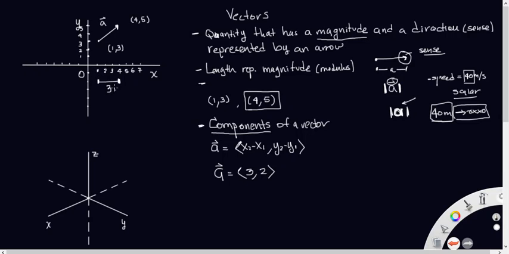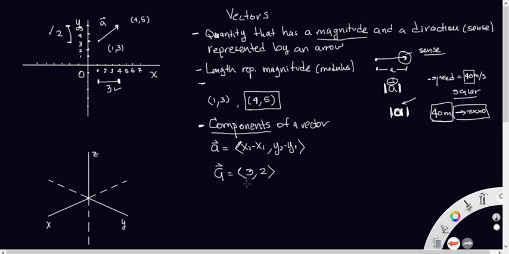So this is the first component of a vector, and the second component of a vector is 5 minus 3, which is specifically the distance between the ending and the starting point of a vector, and the distance between these two equals 2. So this is the second component and the first component.